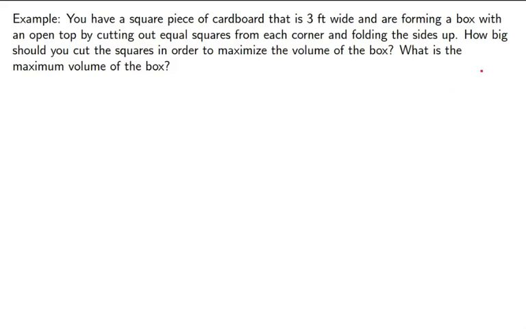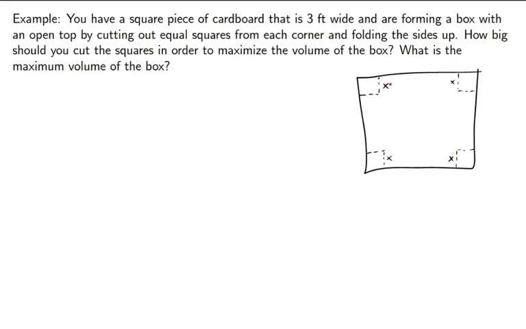So the idea is you start with a square piece of cardboard, and what we're going to do is cut off a square from each corner and fold up these new flaps. A fold would be right here that you would fold up, here, here, and here.